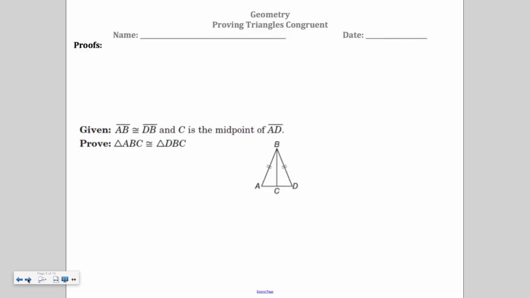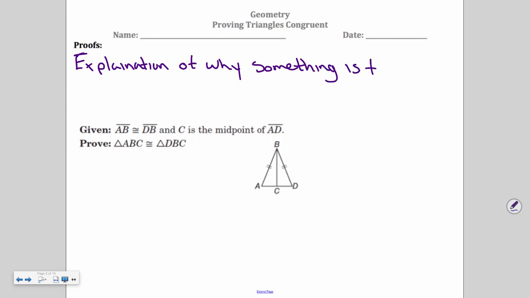So what is a proof? A proof is an explanation of why something is true. A proof explains everything that you see, and it starts off with what you know.